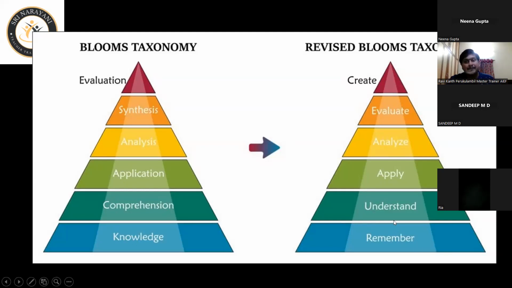And from there, applying, analyzing, evaluating, and creating, it depends upon the child's capability, and we have to nurture the capability. We cannot push the child. We have to nurture. We have to give necessary remediation. We have to give necessary, what do we say, intervention, educational intervention. And finally, we have to see to it that the child is reaching the maximum level of Bloom's taxonomy.